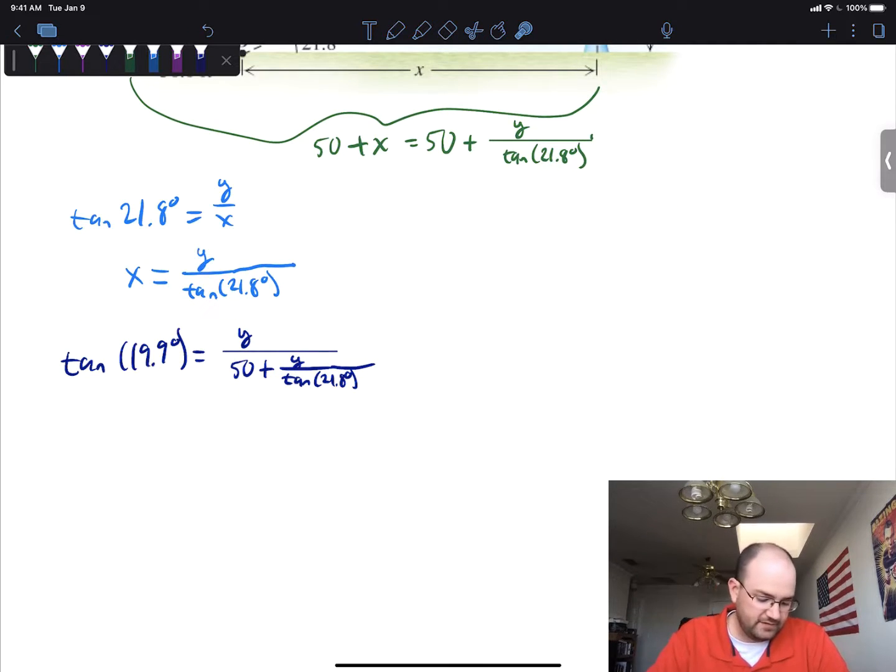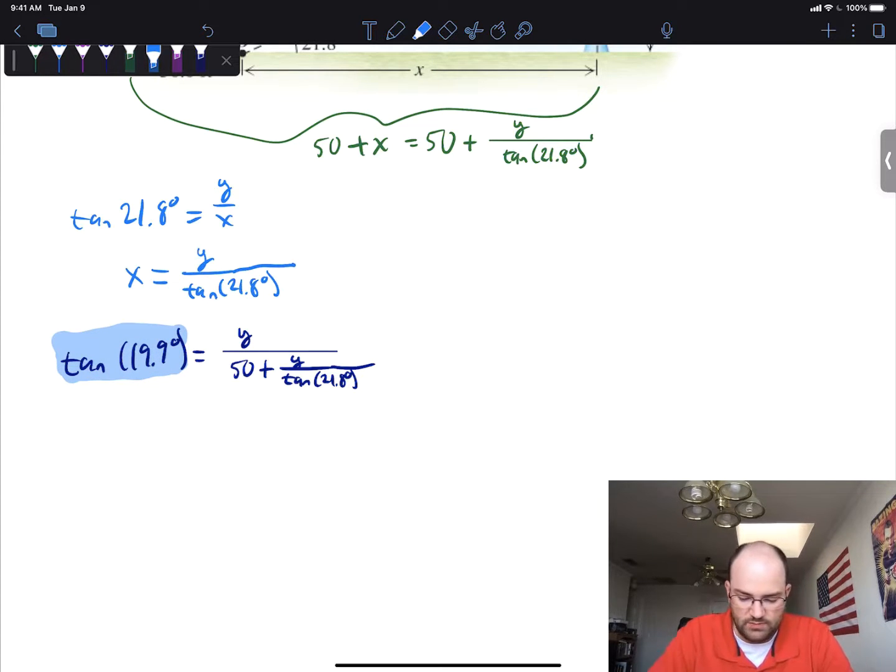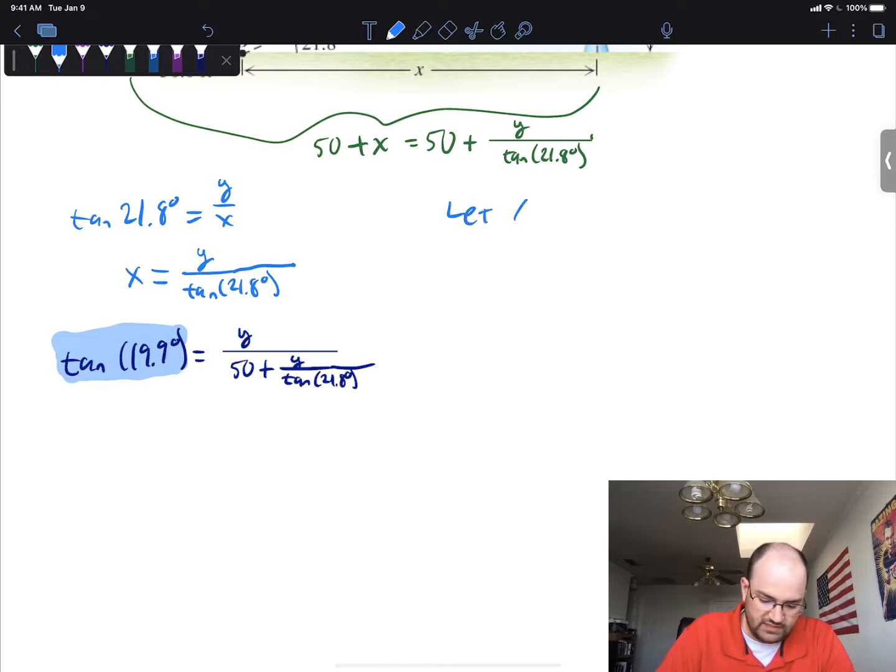Now we have tangent of 19.9 degrees, but that's just some number. And tangent of 21.8 degrees is just another number as well, but they're just two different numbers. That's all they are. So I'm going to let capital M equal the tangent of 19.9 degrees.